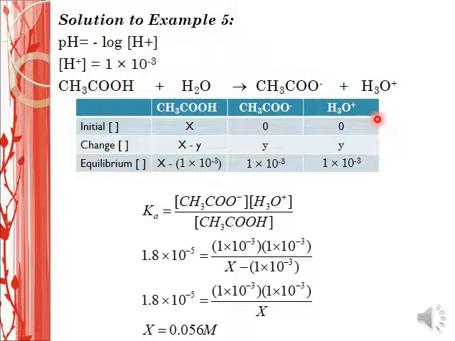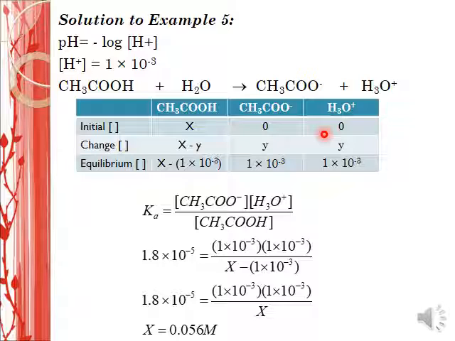So this is the ICE table. The initial, which we don't know, and we know it depleted, so X minus Y. We cannot use X because we have put X here, so we use Y. So minus Y, and this one is plus Y.